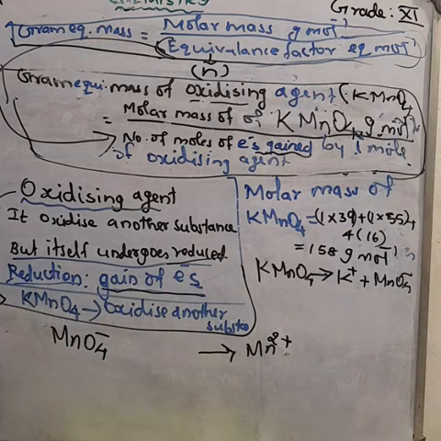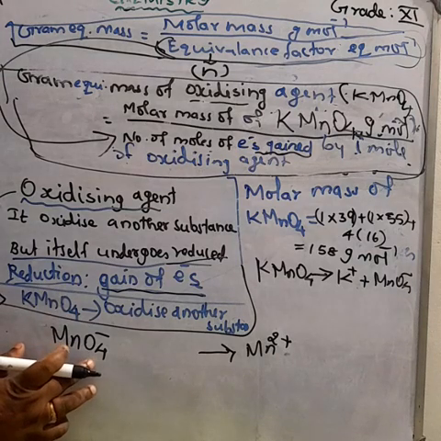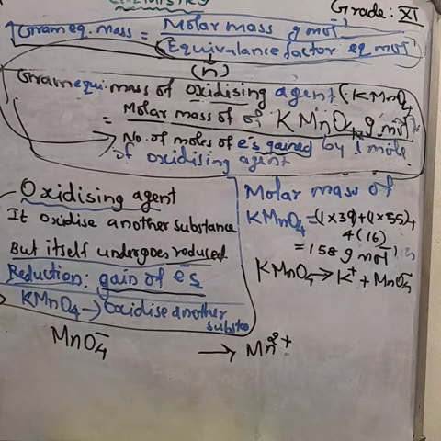How does it get reduced? Here there are 4 oxygen atoms on the reactant side.